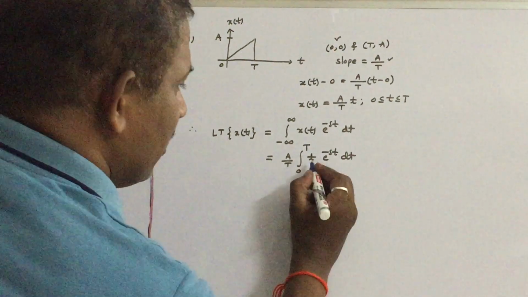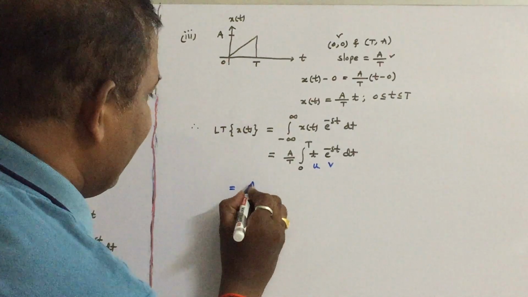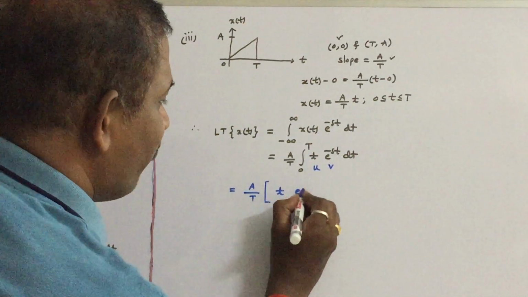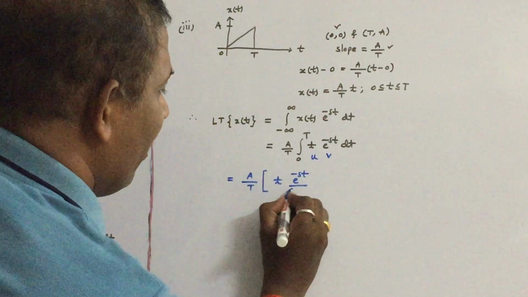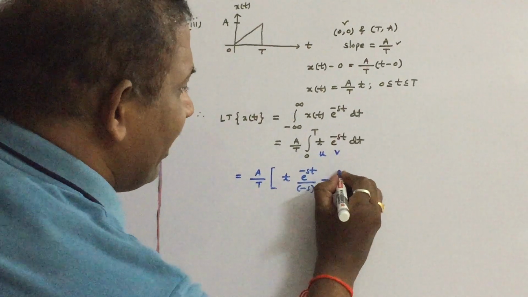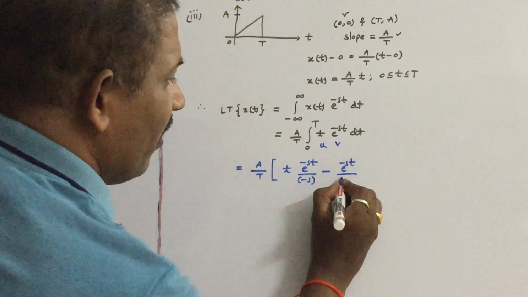So let us apply UV rule. So therefore A by T into first function into integration of second function, which is e power minus st by minus s, minus integration of differentiation of t, which is 1, integration of e power minus st which is e power minus st by minus s.